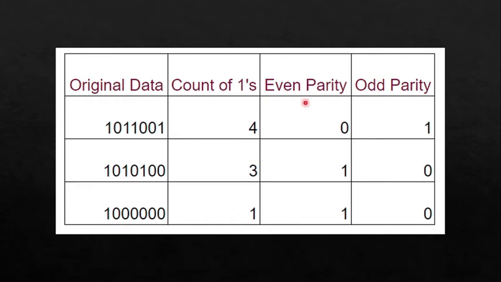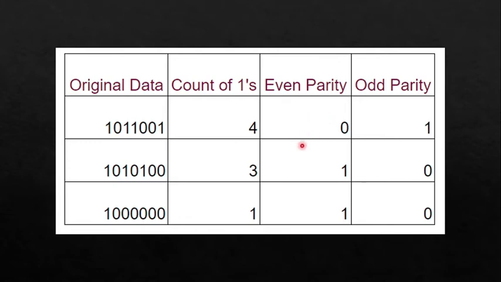If we are applying even parity, we are going to check whether the number of ones is even or odd. If the number of ones is even, then the even parity check will give the result 0. And if the number of ones is not even, it will give the result 1. As you can see, in the first original data the number of ones is even, so the even parity is giving us 0.